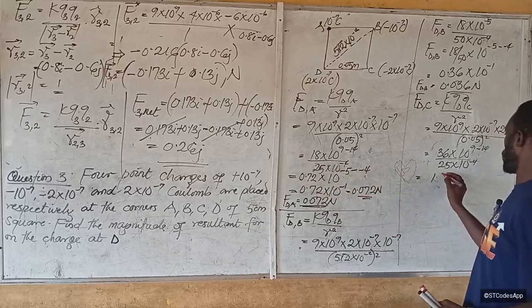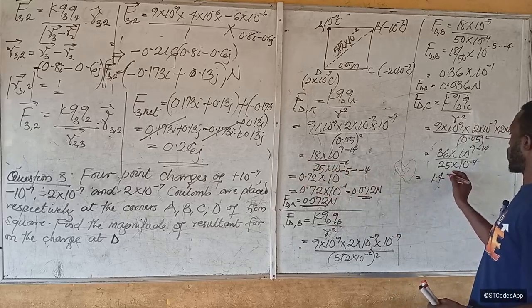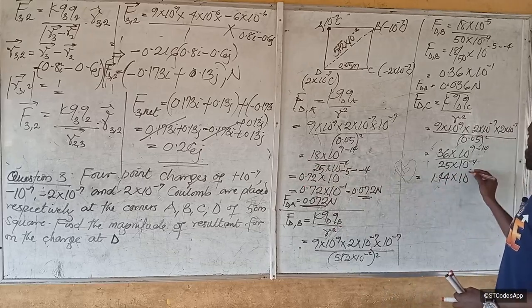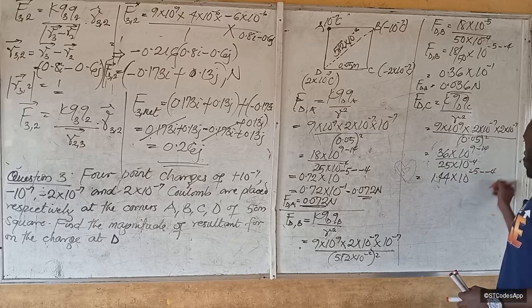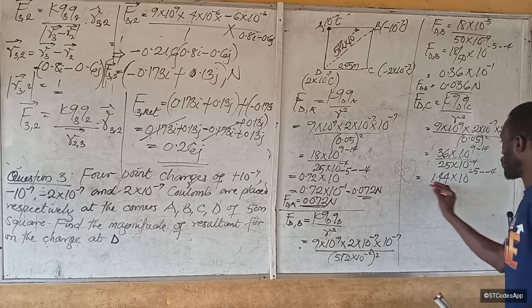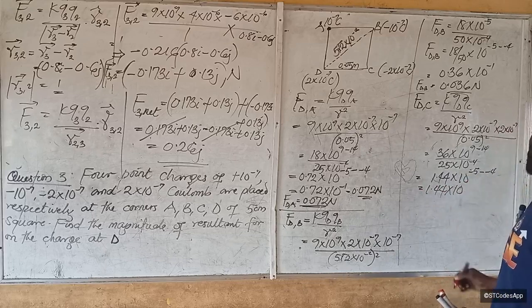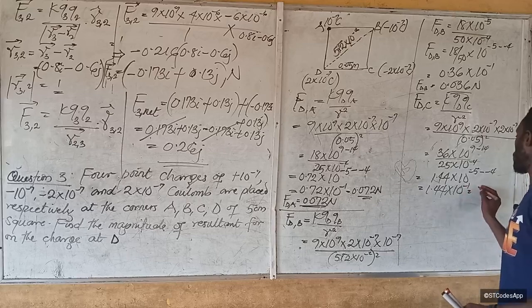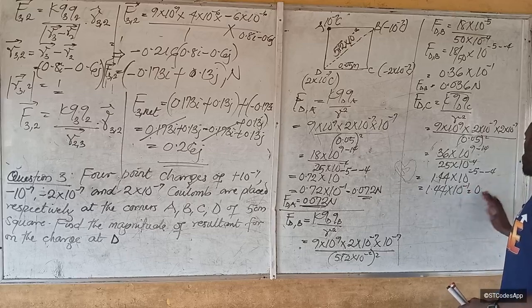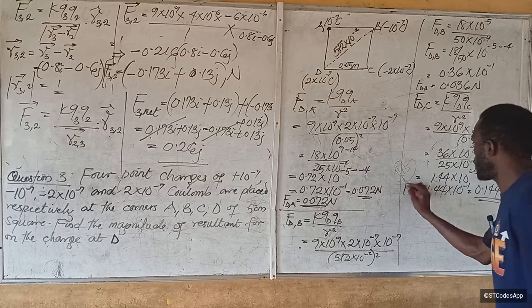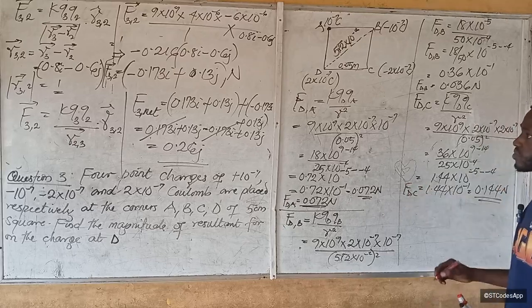So that will be 1.44 times 10 raised to the power 9 minus 5 minus 4. Okay? So this becomes 1.44 times 10 raised to the power minus 1, which equals 0.144 Newton. So this is FDC.